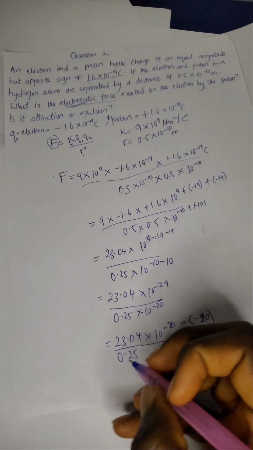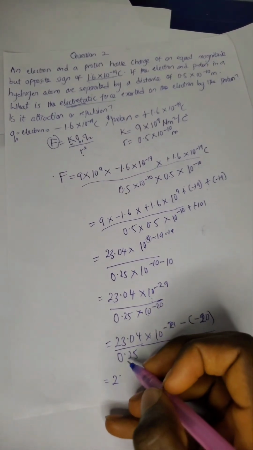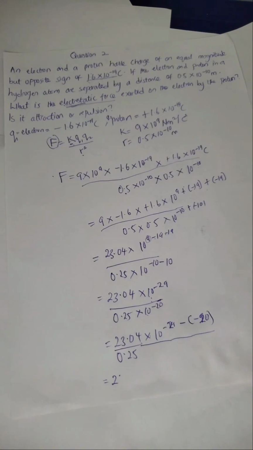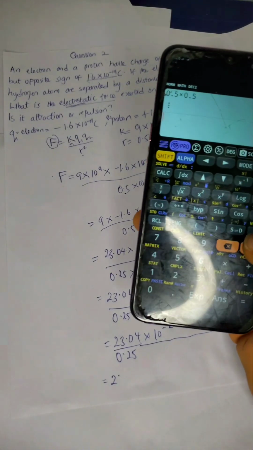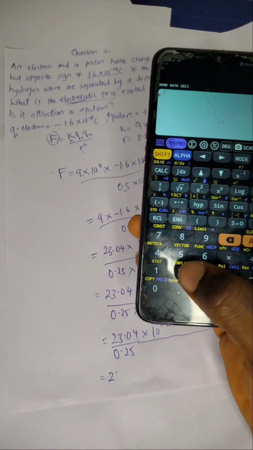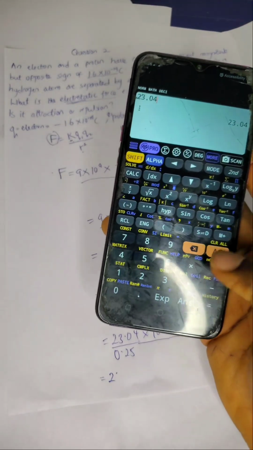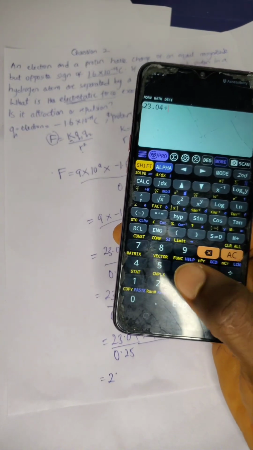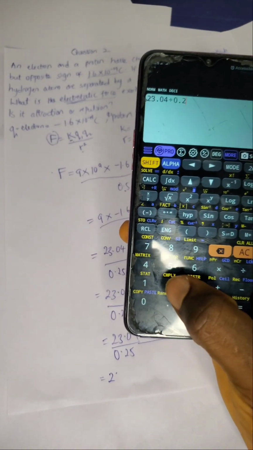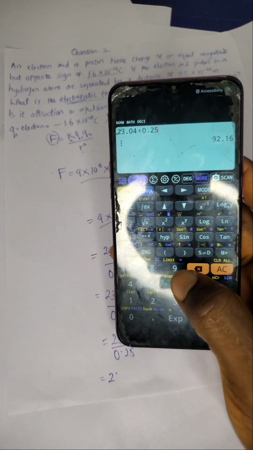Do you get this? So we have 23.04 divided by 0.25. That will give you 92.16.